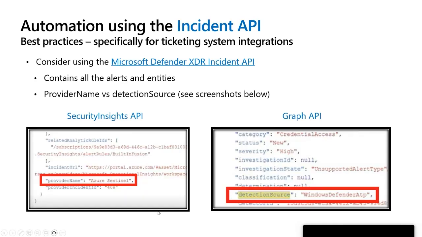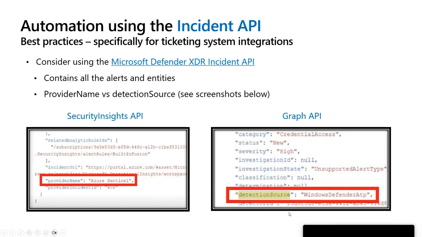So you can see I have two screenshots here. On the left side, the Security Insights API. You can filter by provider name, but it's going to be pretty generic as Azure Sentinel. But if you want to have a more granular filter based on the detection sources, then you could specify the detection source name here, right?